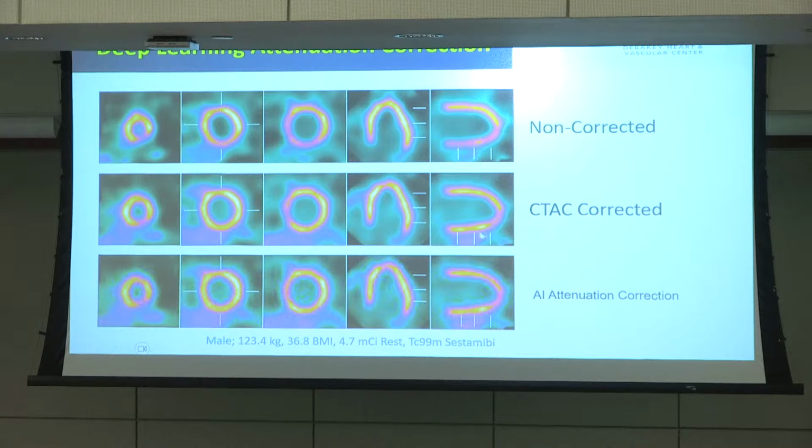When they did CT attenuation correction, this is how the images look. It fixed that inferior defect. And when they used the AI-based algorithm, it also fixed that. So these are tools that are available in the market, and many sites use this one on one of the specific cameras that we don't have here. This potentially could give you attenuation correction without CT.